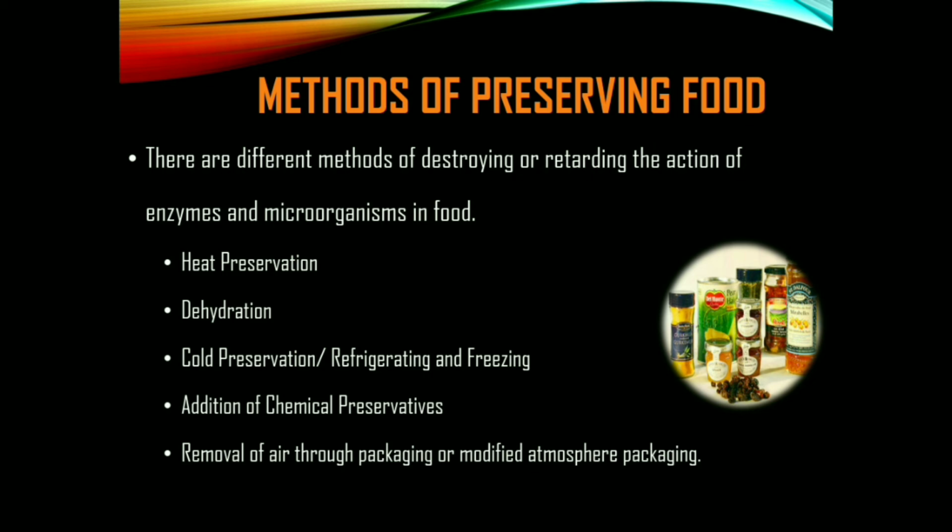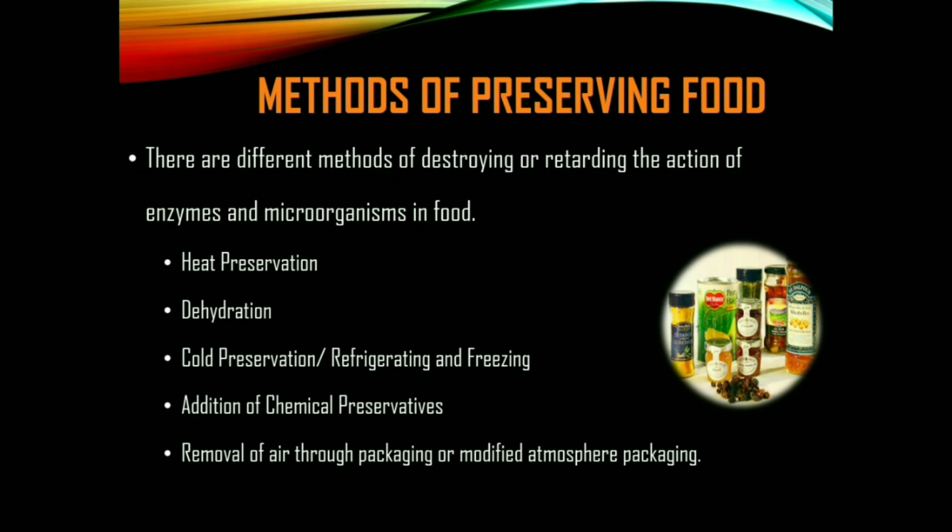We also looked at the method of dehydration, and this involves the removal of moisture from the food product, and this includes fruits, such as when we look at raisins that are dried, that come from the fresh fruit grape. We looked at fresh fish. We may find an example of fresh fish where salt is added to the fish to remove the moisture, so we speak of saltfish, right?